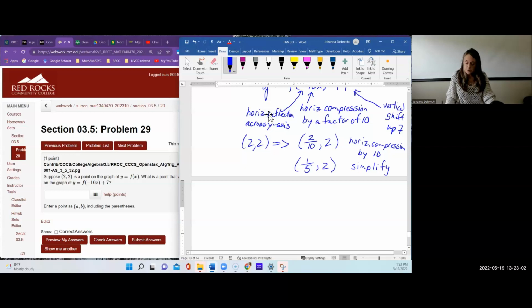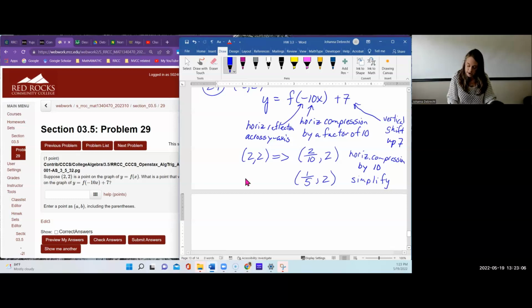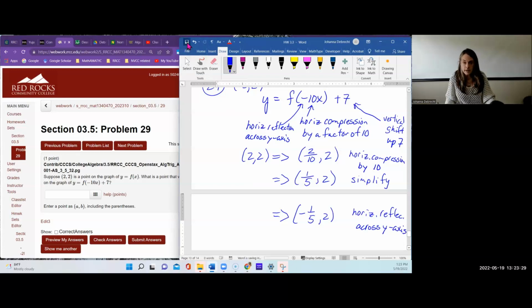The next thing I want to do is the horizontal reflection across the y-axis. Then I multiply the x component by a negative. That gives me -1/5, 2. This is the horizontal reflection across the y-axis. What about the last step? The last step is adding 7, which is the vertical shift up 7.